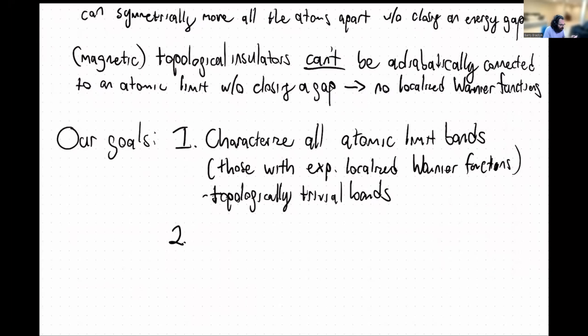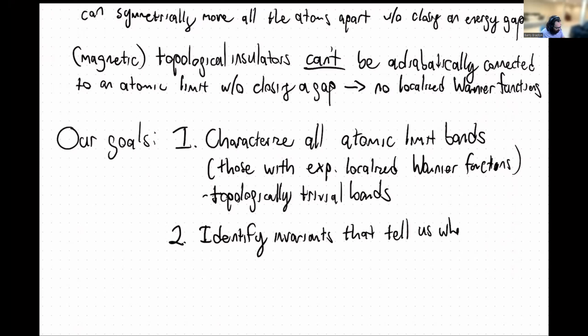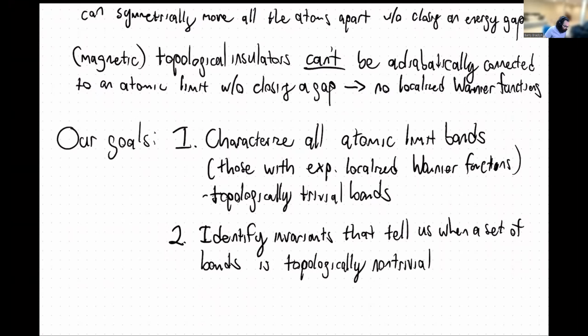And we'll come up with a way of enumerating all possible topologically trivial bands in a given magnetic space group. From those, we'll be able to identify invariants that tell us when a set of bands is topologically non-trivial. So we'll first do 1, and then we'll move on to 2.